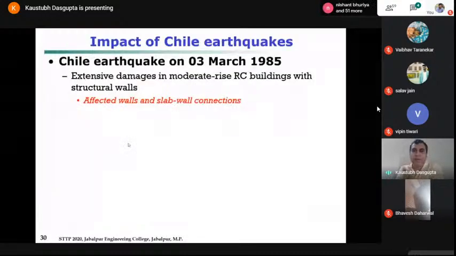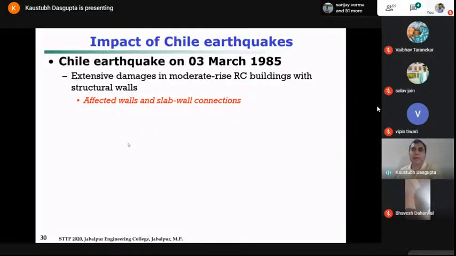So when we look at the behavior of walls in frame buildings in past earthquakes, the different earthquakes experienced in the country of Chile have been of very much importance. Why are they important?